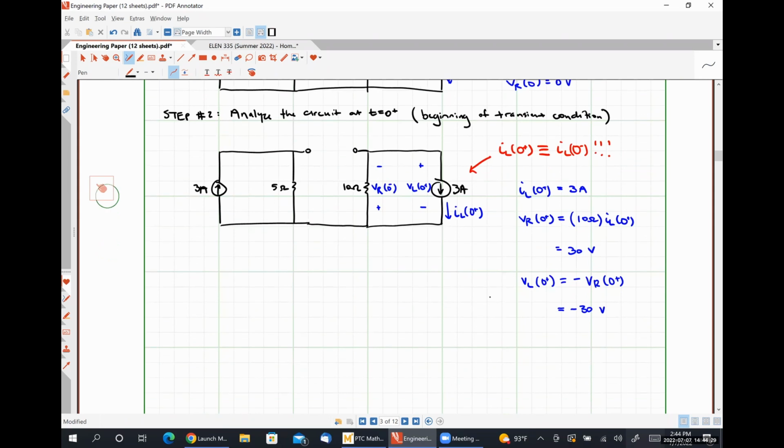So step 3 here, and when we get a little bit more experience with these type of circuits, we're going to call this something slightly different.